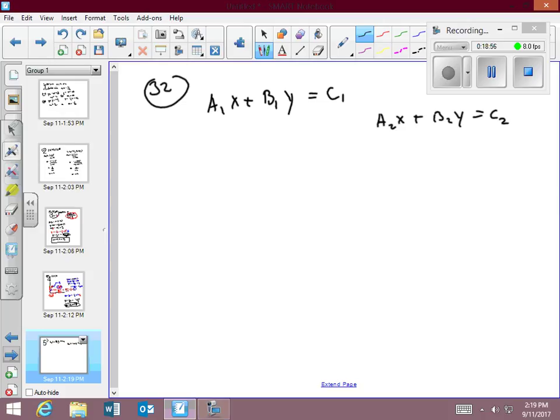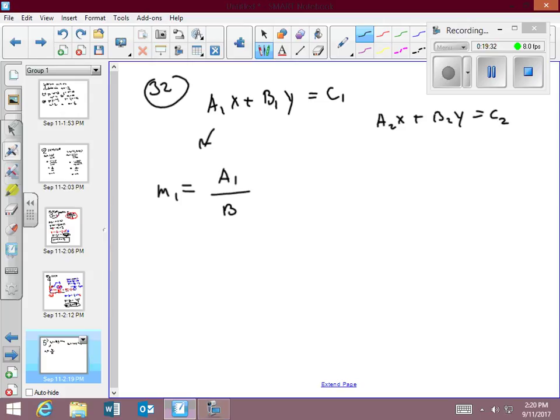So what did we say the slope here for this equation right here would be? M1 would be what? It's the numerical coefficient of the x term over the numerical coefficient of y. So what's the numerical coefficient of the x? A1. If you don't understand the terminology, it's what number is multiplied by x. A1 is, right? What number is multiplied by y?